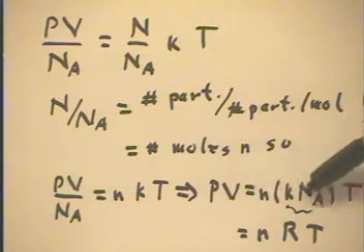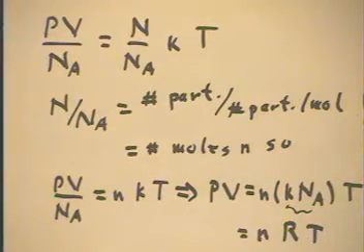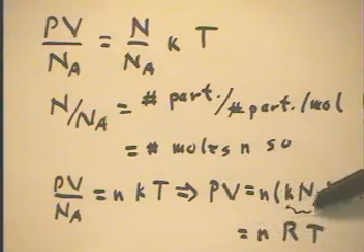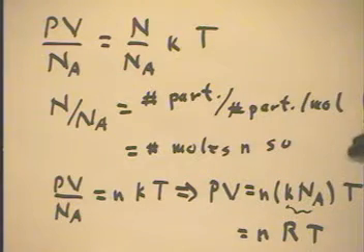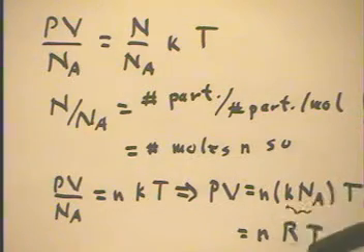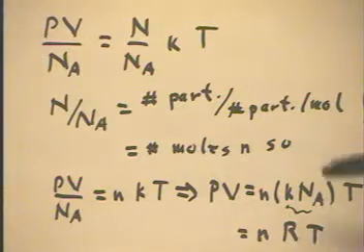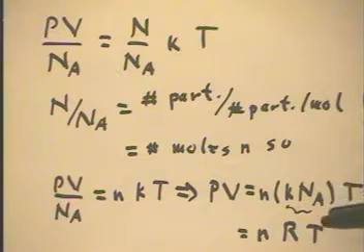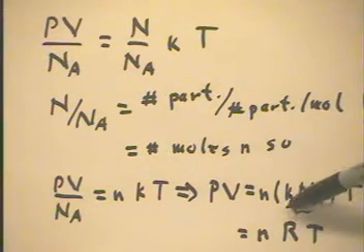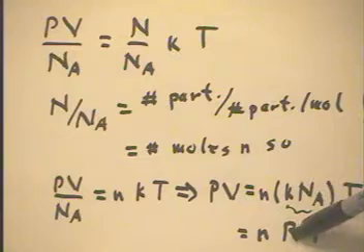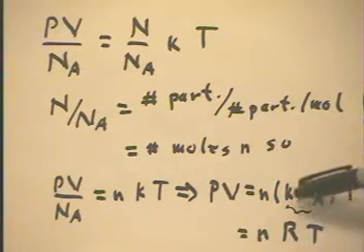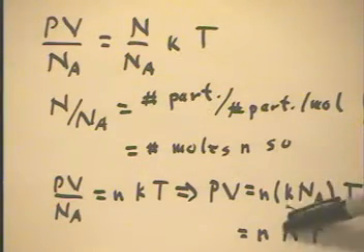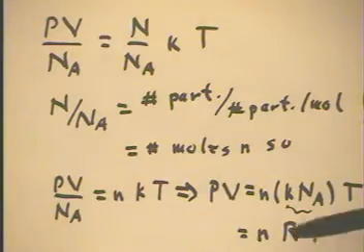So we have little n times K N_A times T. And now we've got PV equals n times something times T. From careful measurements, we know that the something here is R, the gas constant, and that equals K times N_A, which relates K to R. K N_A equals R, so K is just R divided by N_A. And that's how we get Boltzmann's constant from our empirical results for the gas constant R.